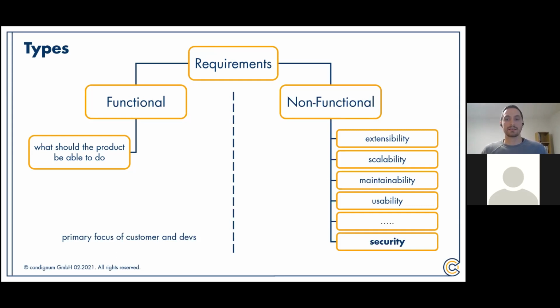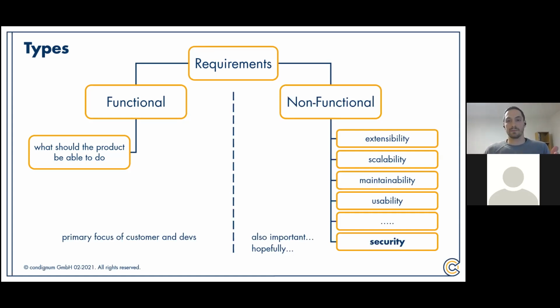And while the customer primarily focuses on the functional requirements, the non-functional requirements are also important somehow, hopefully. But the customer doesn't really see them, and therefore he's not really willing to pay a lot of money for them. So it's often really, really hard to get the money for those non-functional requirements.